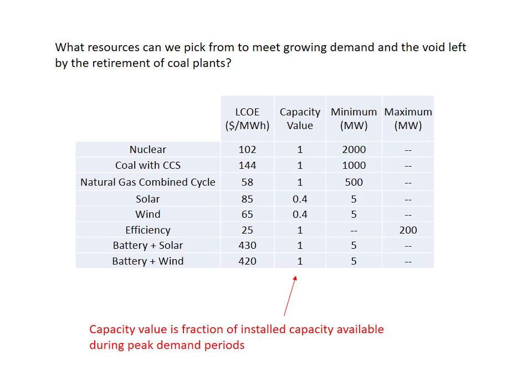So this table lists out the options that they're mostly considering at this point for meeting capacity additions, not out to 2040, but the next round of things that they're going to build. They're going to be choosing from this list. So that's nuclear, coal with carbon capture and storage, natural gas combined cycle, solar, wind, efficiency, and then combined storage and variable renewable energy.